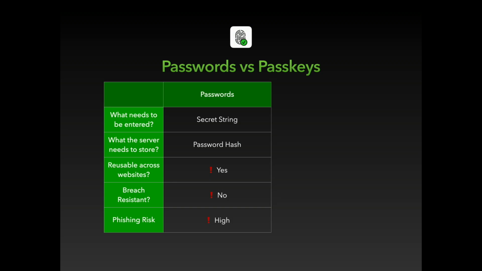If we compare passwords and passkeys, we see that what the user is going to be entering is an arbitrary string that should be secure, but the user is in charge of generating that string, and it has to be secure.